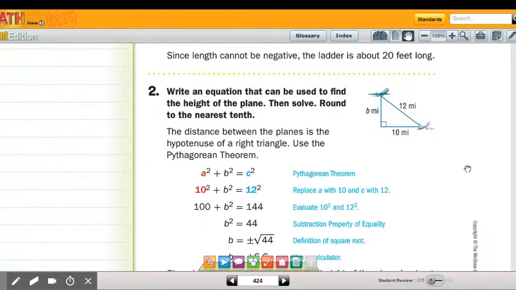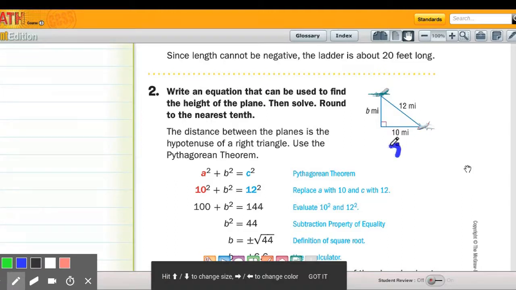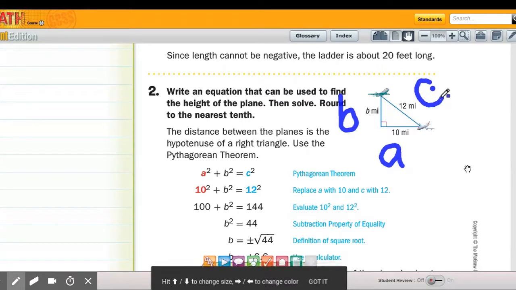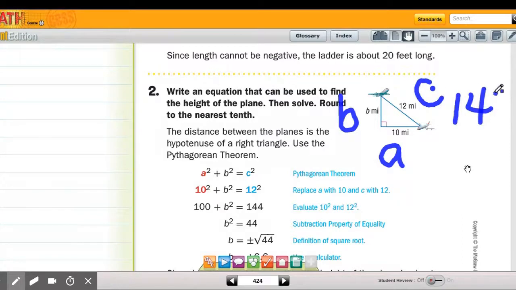So again, this one, there's a little story to tell and cute pictures, but really what it comes down to is you have an A, and there's the B, and there's the C. So this one, you remember, we have this 144 for c squared, and this is going to be 100, and then that's going to be b.